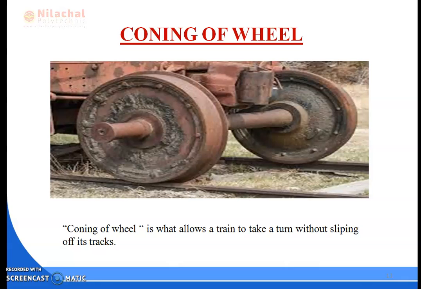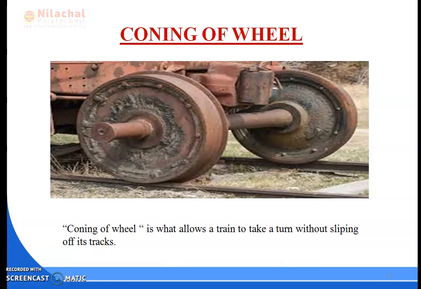So what are the advantages of the coning of the wheel? If we provide coning on the train wheel, it will reduce the wear and tear of the wheel flange and the rails, which is due to the rubbing action of the flange with the inside face of the rail head.